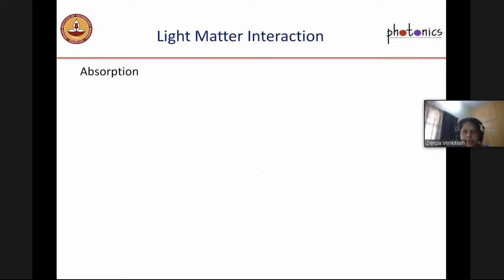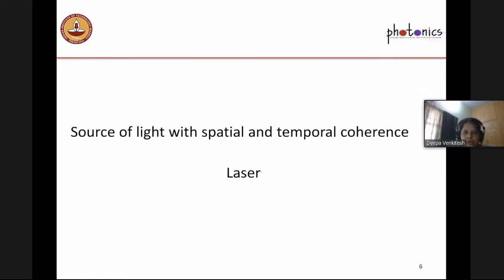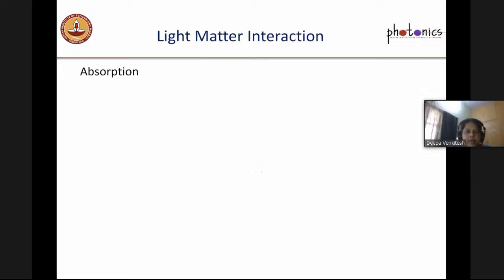So just a primer on laser to understand why laser can give you a coherent source of light. Any light that is emitted from a laser is because of a light matter interaction. And if you go back to the basics of light matter interaction, there are three processes possible when light interacts with matter.